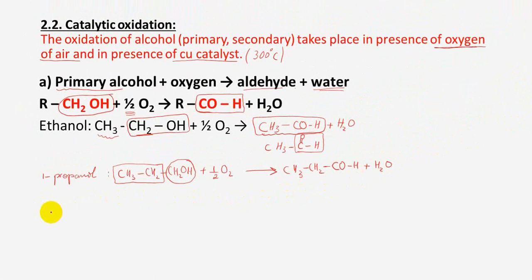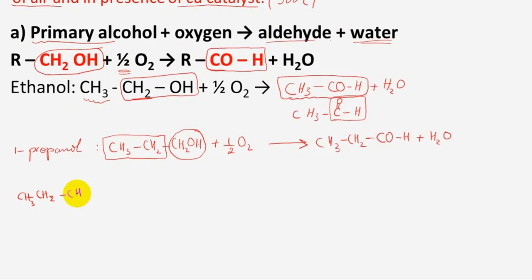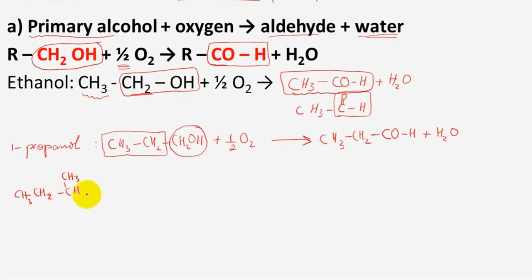If I take another example, for instance if I have CH3 CH2 CH CH3 and CH2OH, upon catalytic oxidation we add half O2 to give the same carbon chain. We don't change any one of these carbon atoms.